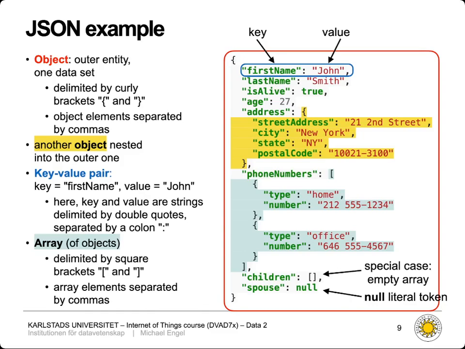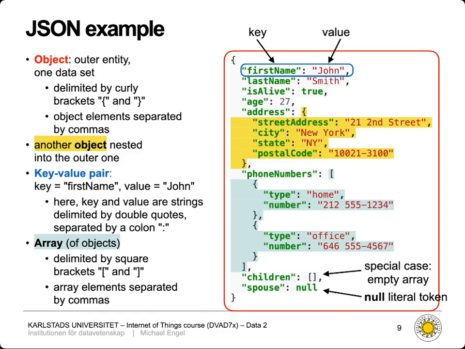We see it doesn't always have to be strings, so is alive has the value of true, which is a Boolean value, able to have true and false as values. We have a key called age, which has an integer value of 27. And we have a key called address, and address itself has another object as its value.